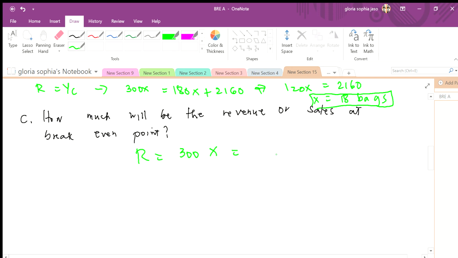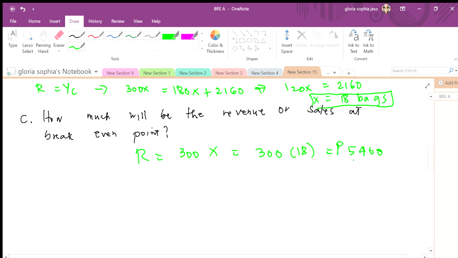Substituting the number of bags to be sold in order to break even, that's 18, we will get 5,400 pesos.